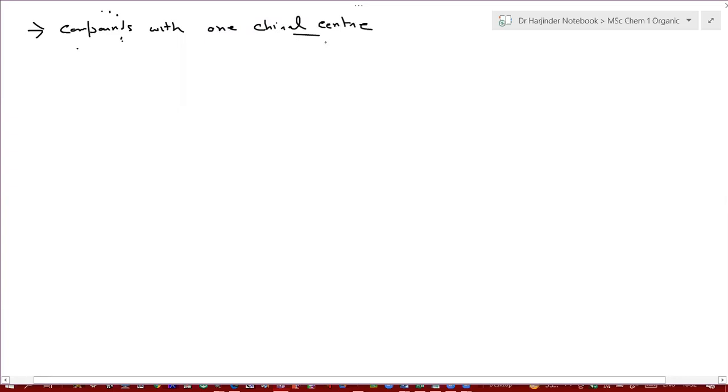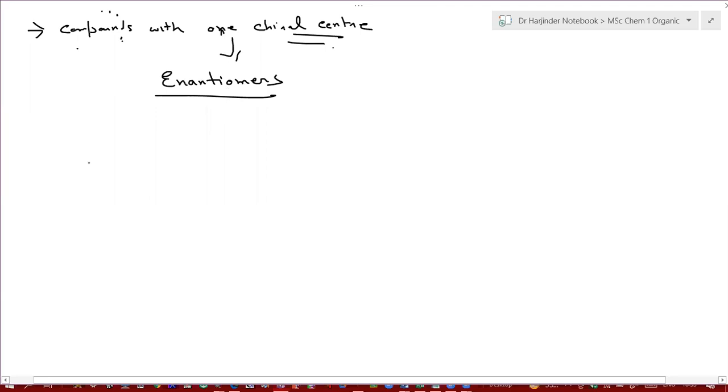Compounds having only one chiral center will be called optically active. They are definitely enantiomers. So what are enantiomers?